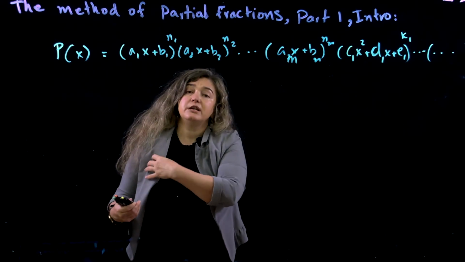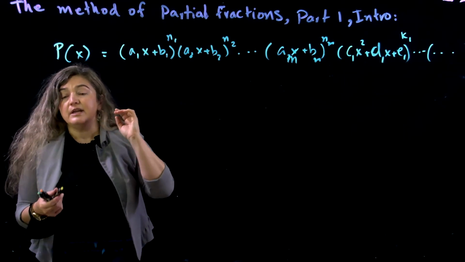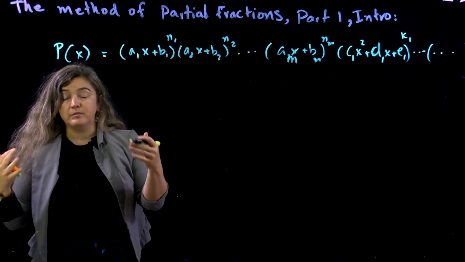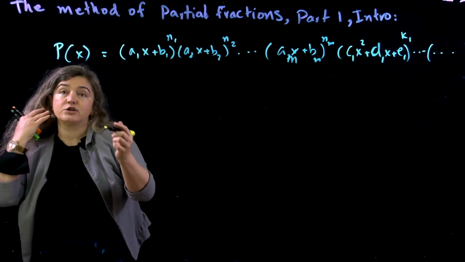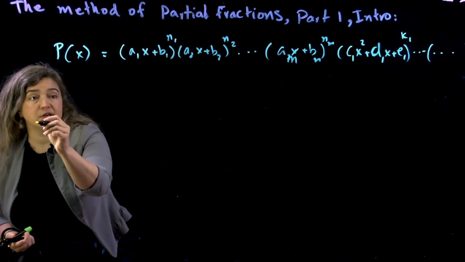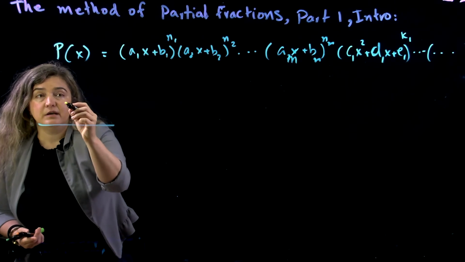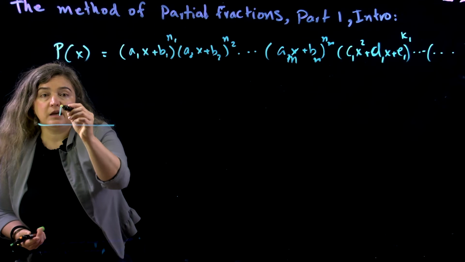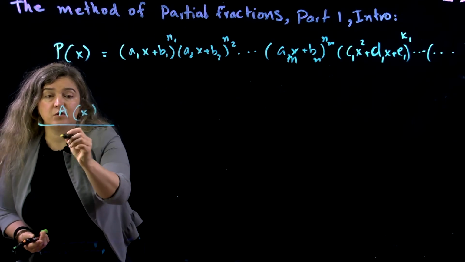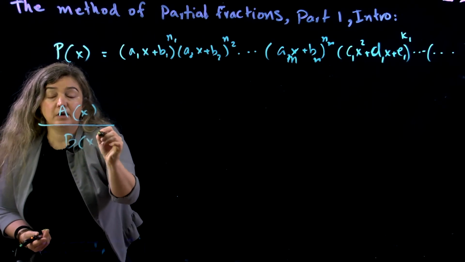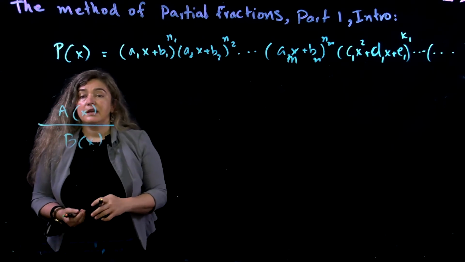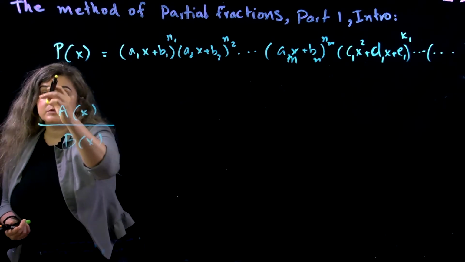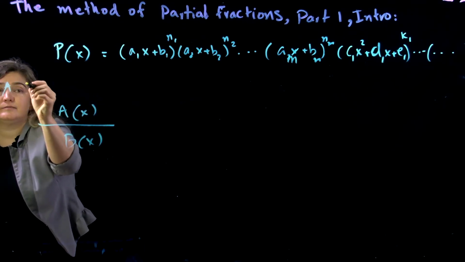The discussion is if you have a quotient function. Let's say the quotient function looks like this, a of x over b of x. There are two polynomials, so a quotient function.